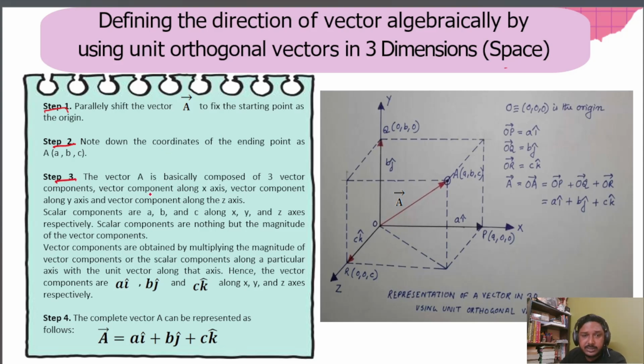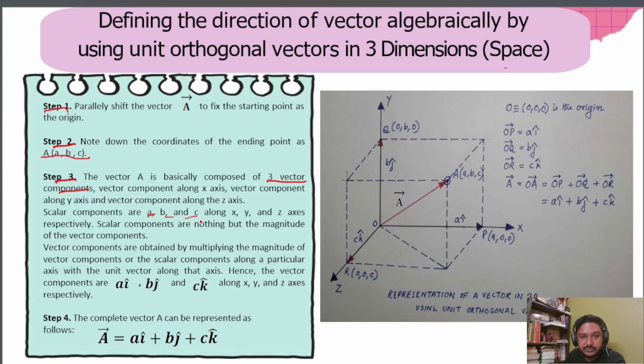Step 3. Now this vector A can be thought of as composed of 3 vector components, with each vector component along each of the coordinate axes. So the scalar components are A, B, and C. What was ABC? ABC was the endpoint, the terminating point of the vector.